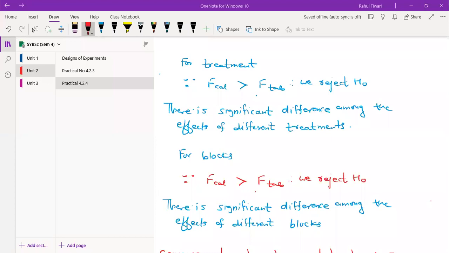I hope everybody joined with their name and roll number. So you can go with the next example.